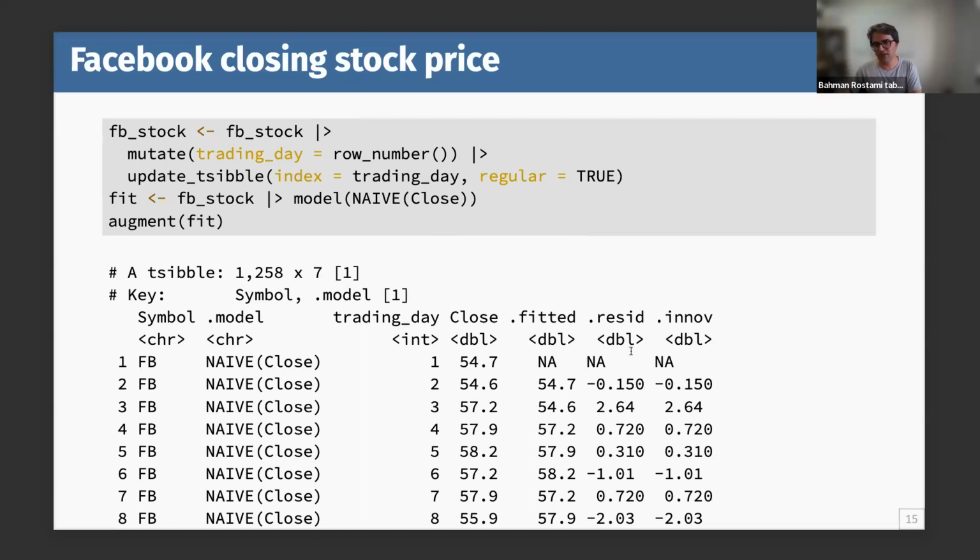We look at the fitting, and there are two types of leftovers here. One is called .resid, another one is called .innov. Most of the time they are actually the same. But if you do a transformation before fitting the model and forecasting, or for certain models, for instance multiplicative seasonality in exponential smoothing, these values would be different.